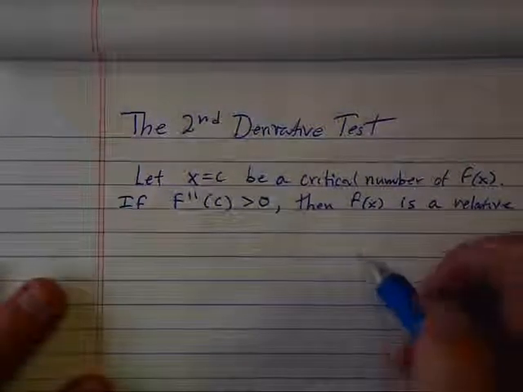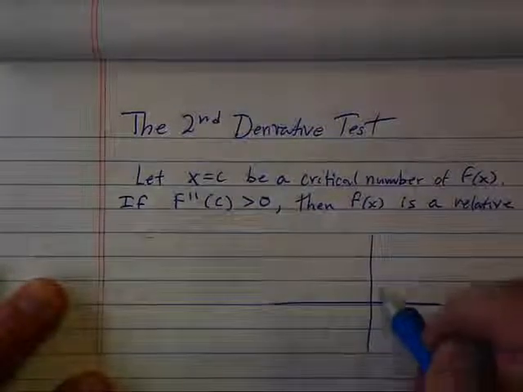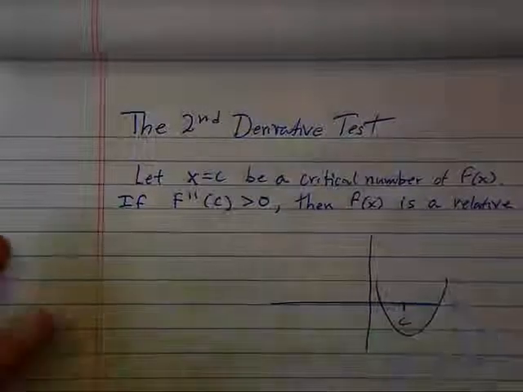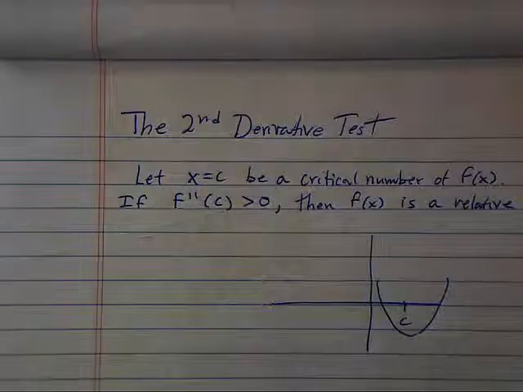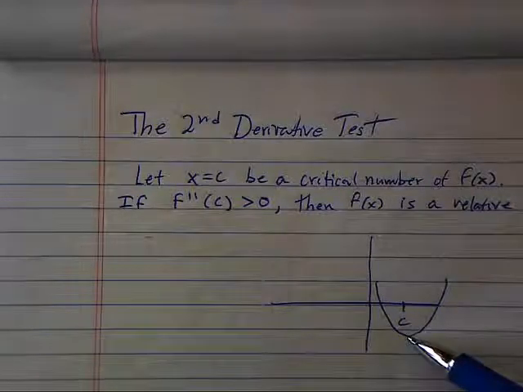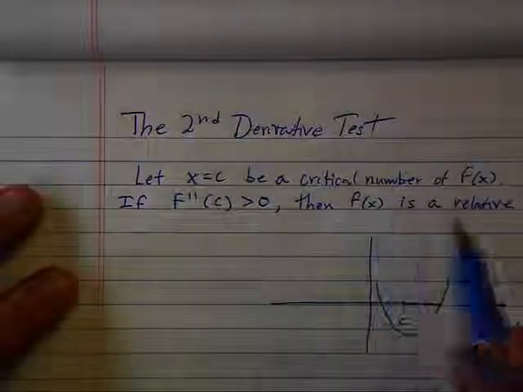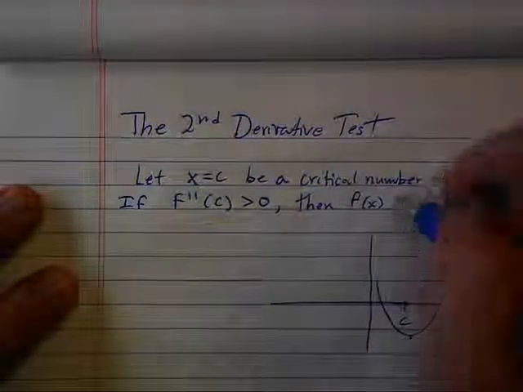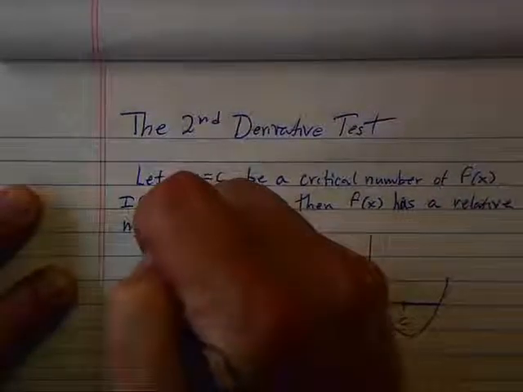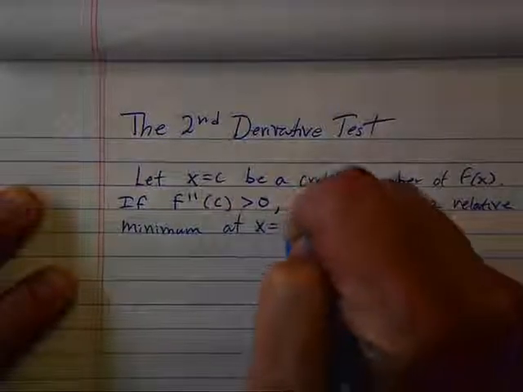Because what I'm telling you is, we have a critical point at x equals c, but the second derivative is positive, which tells you the function is concave up. Which means, what has to happen at c? You've got to have a relative minimum. So if the second derivative is positive at c, then f of x has a relative minimum at x equals c.